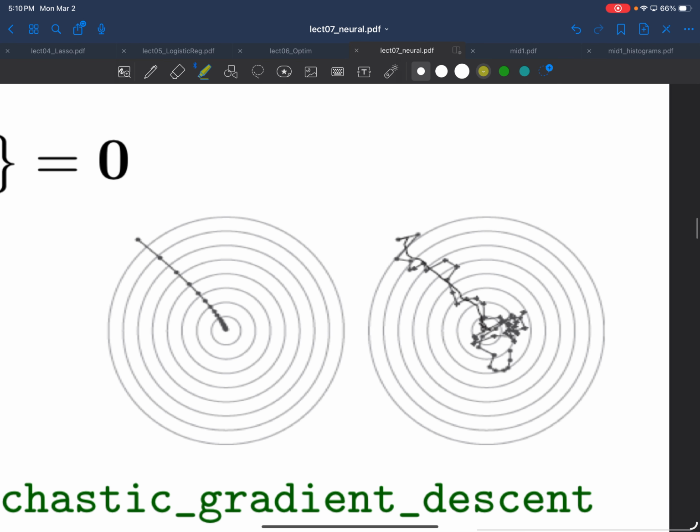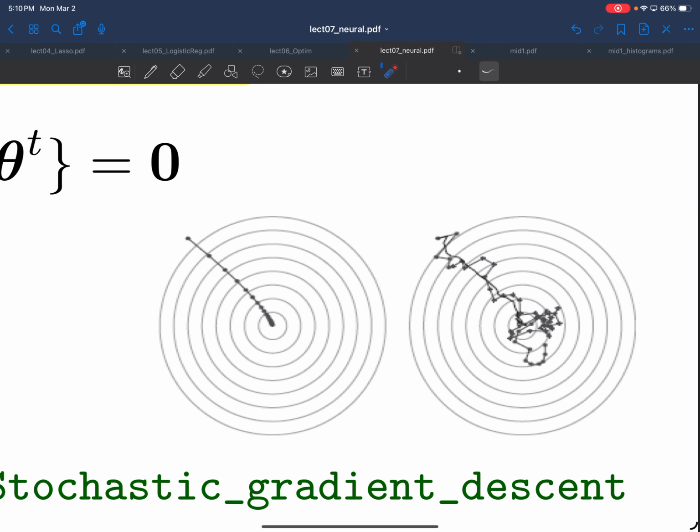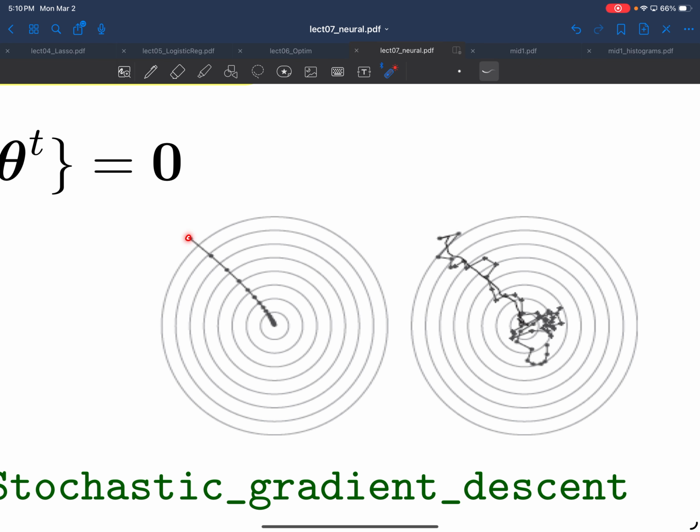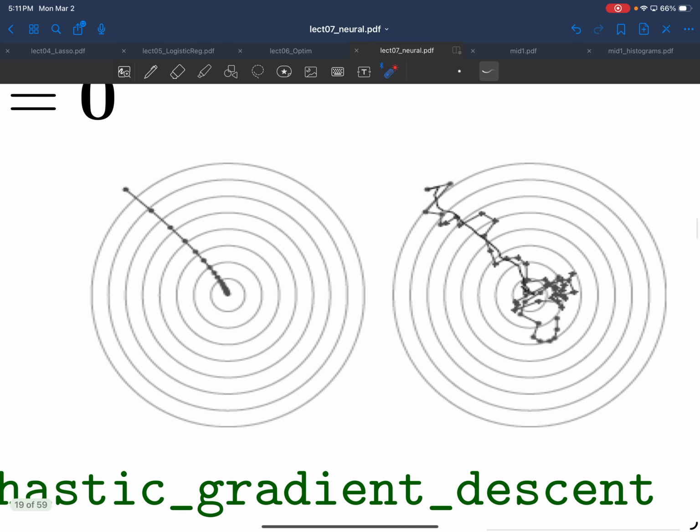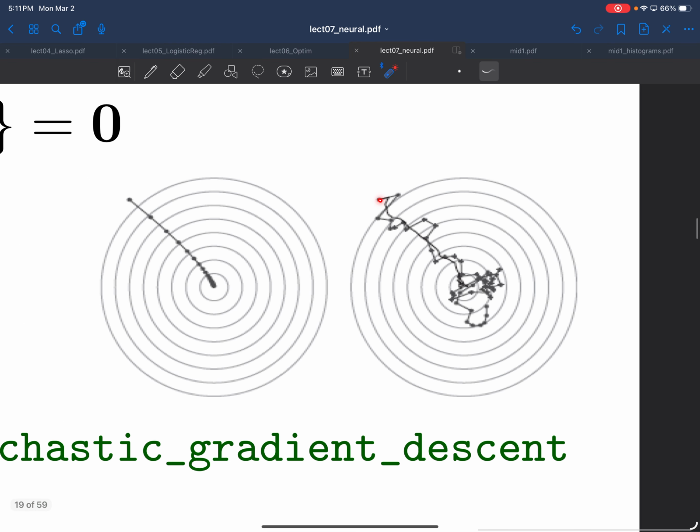And in terms of a picture, it might look like this. So this is gradient descent, where we are taking the steepest direction downhill every time. But now what SGD is doing is it's on average going downhill, but every time there's this random perturbation from that average. Sometimes it goes to the right, sometimes it goes to the left, sometimes it goes backwards, sometimes it goes forward, but on average, it's zero.